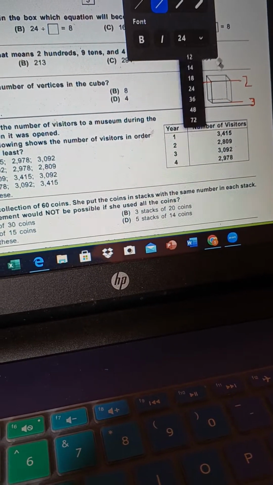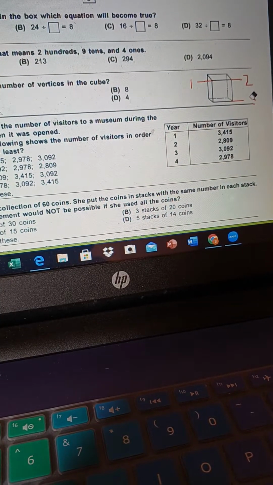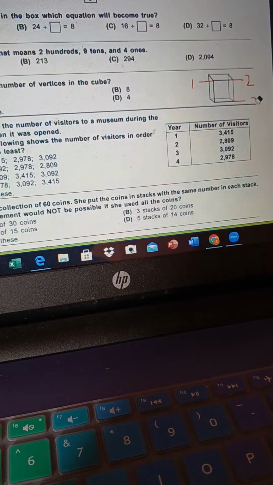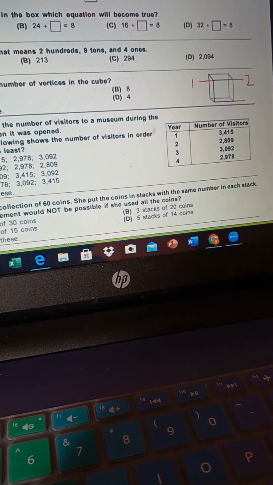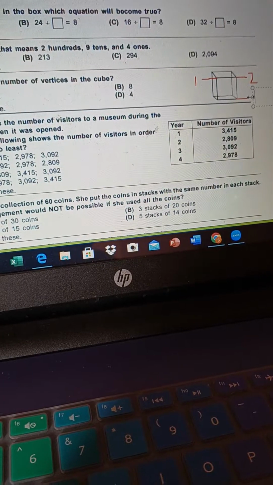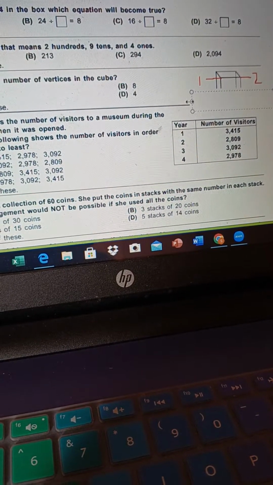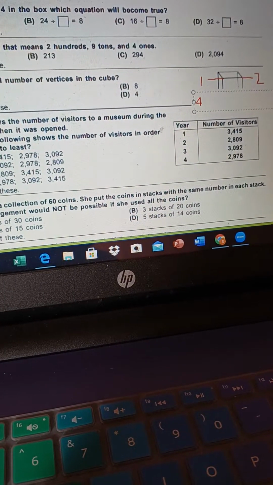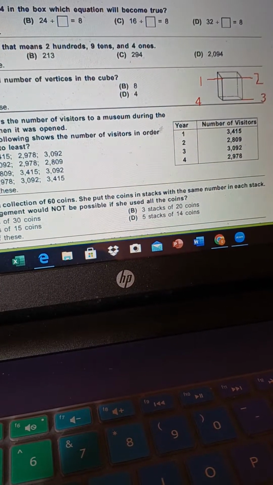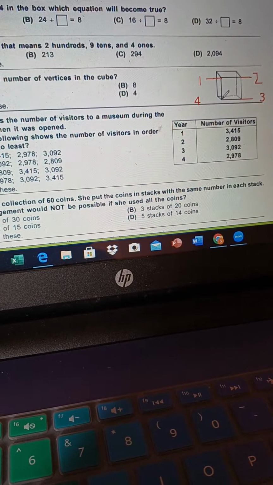I will erase this and it will be this. Okay. This is number 3. Then we have it here as number 4. Which one is number 4? Let me show it out. This one is number 4.